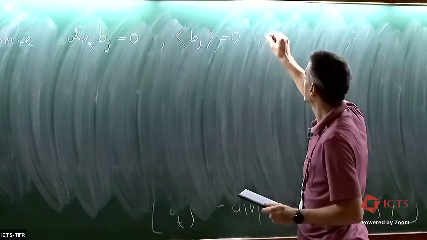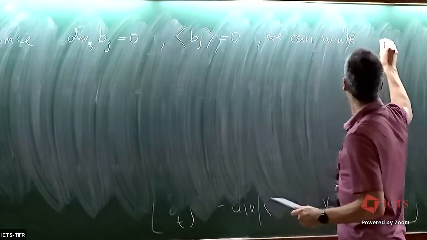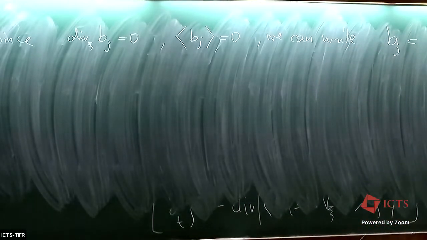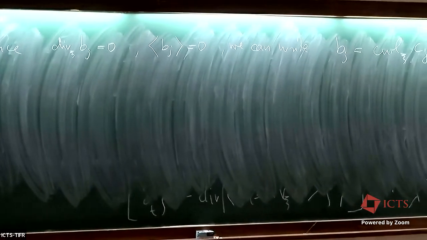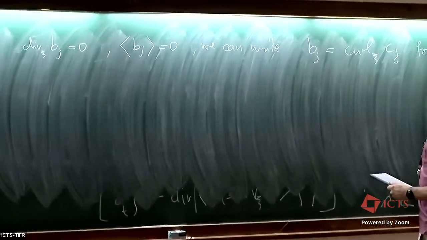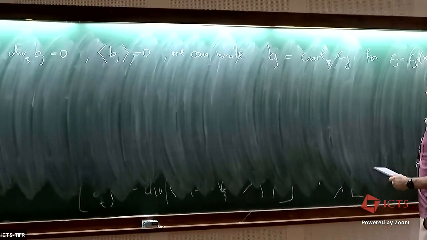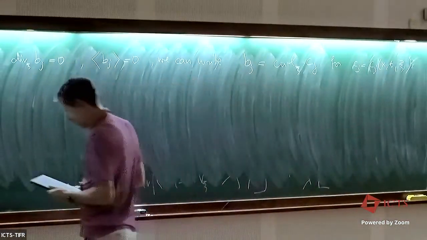We can write Bj with a vector potential, curl in psi of some other vector, Cj, for some Cj, which again depends on x, t, and psi, and has a 0 average in psi.